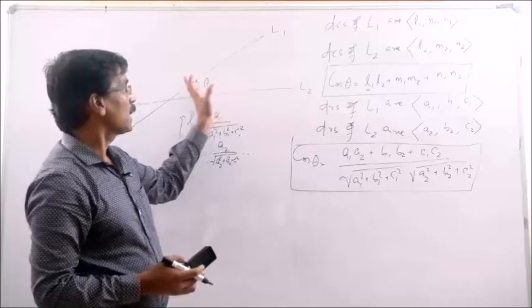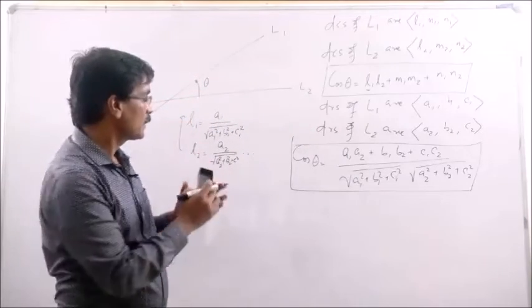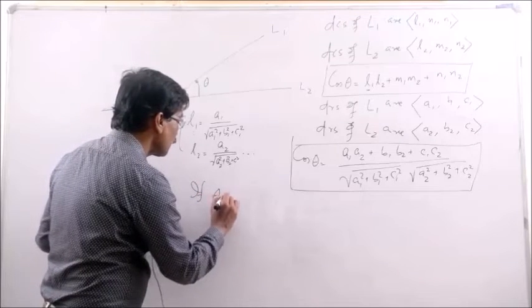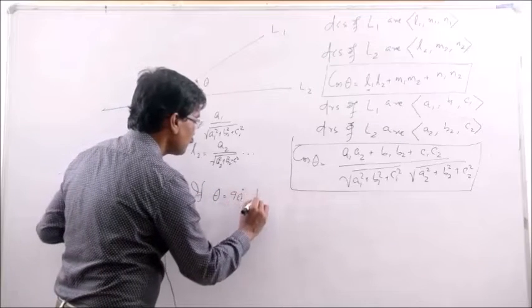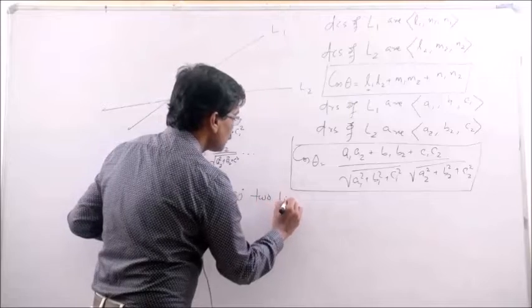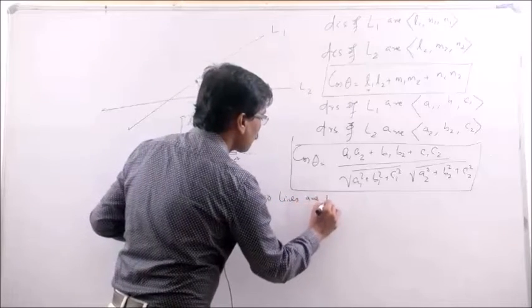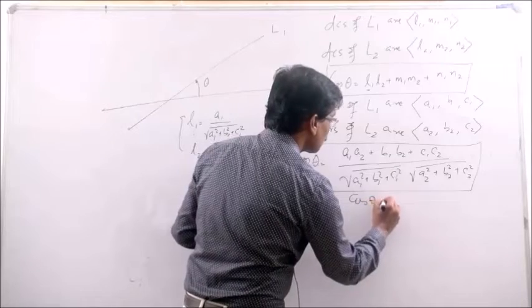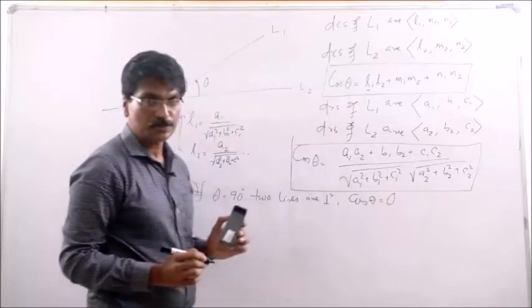So, this is angle between two lines, and if theta is equal to 90 degrees, that is two lines are perpendicular, cos theta is equal to 0 because cos 90 is 0.